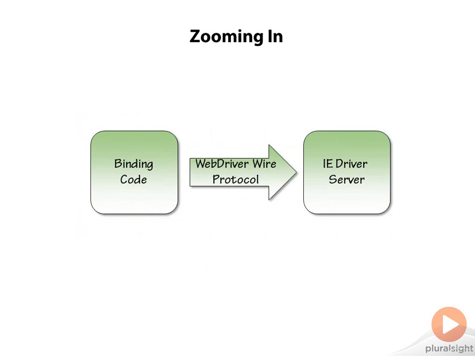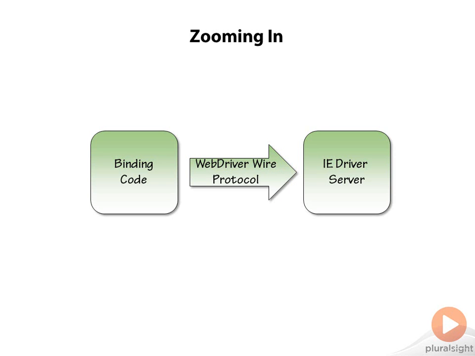Let's zoom in a little bit more on how exactly that works. And we're going to look at a real example of this and see some of this code here. But the basic idea here is that you've got your binding code. You're going to write your test, let's say using C# against that Selenium API. And that binding code is going to issue commands across what's called the WebDriver Wire Protocol, which is basically a REST-based web service that is able to interpret those commands.